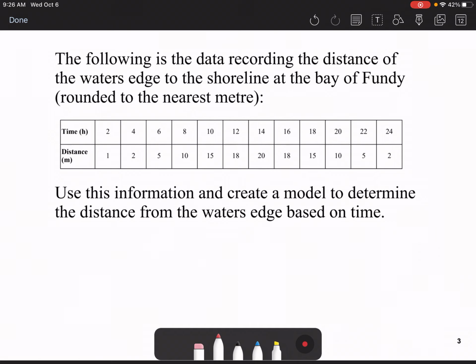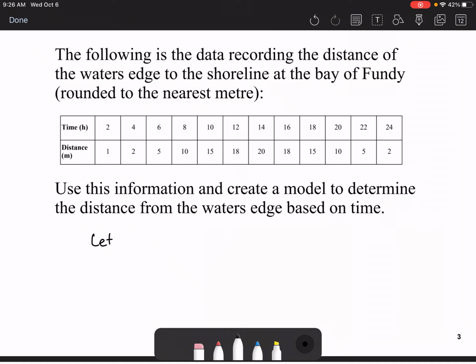The following data is recorded that shows the distance of the water's edge to the shoreline at the Bay of Fundy, which is rounded to the nearest meter. We're going to use this information to create a model to determine the distance from the water's edge based on time. So in order to define that, we need to define some variables.